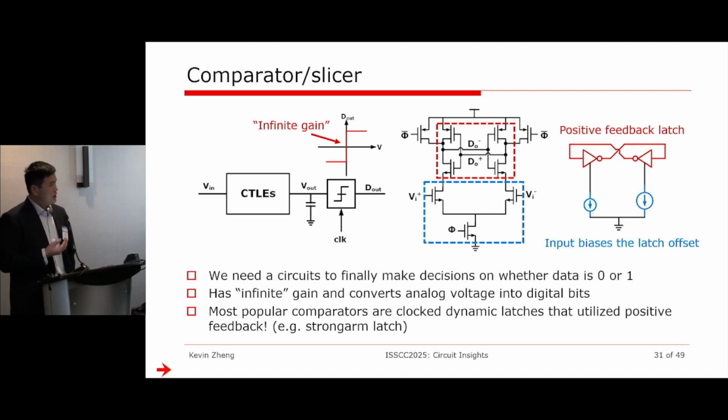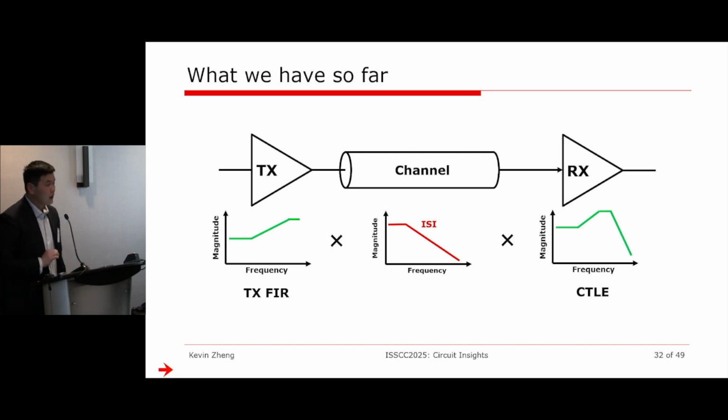There's a section that looks at input and creates an initial bias for your positive latch, and then the positive feedback circuit, as you've seen before as a sense amp, will bring the decision one way or the other. Okay?